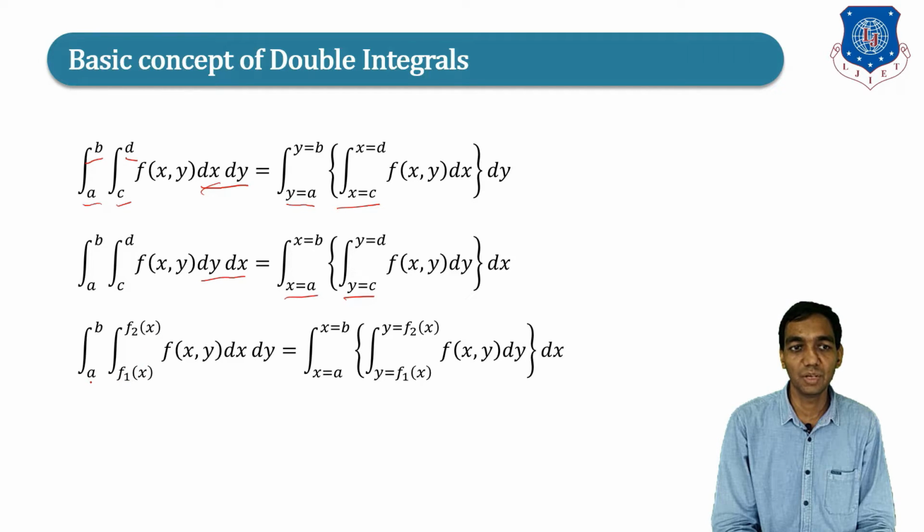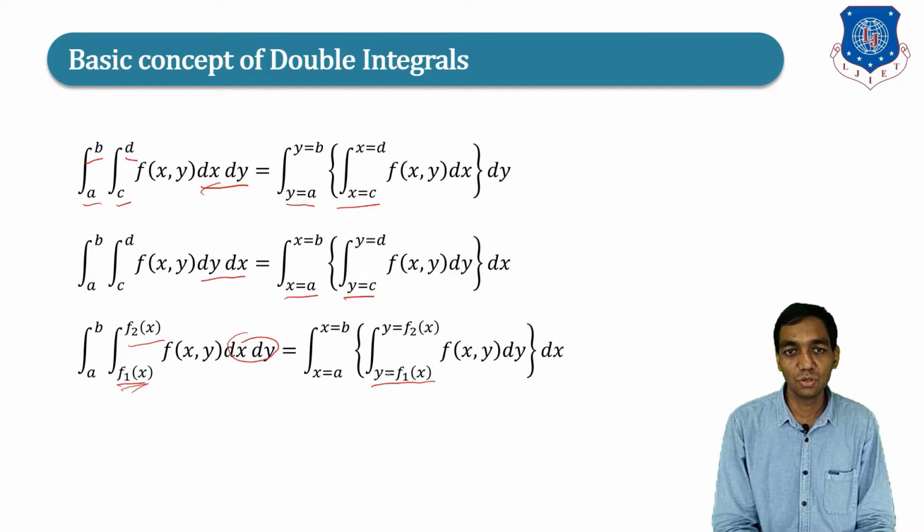That means you have the integration from A to B, then from f1 of x to f2 of x, of f of x comma y dy dx. In that case, we do not check the order of dx dy, but we check this: this is a function of x. That means it is a limit of y. If you have a function of x, it is a limit of y.